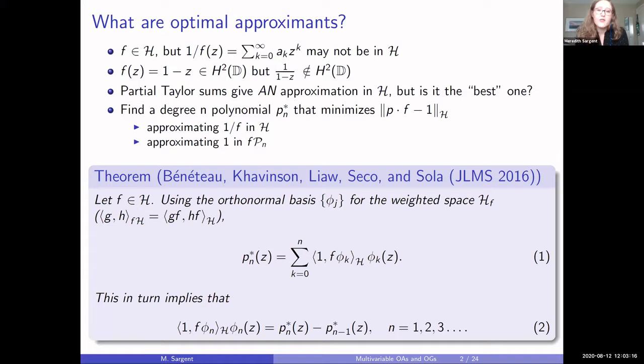And it turns out that if you have an orthonormal basis for a weighted space, where you just change the inner product, you can recreate the optimal approximant by using that orthonormal basis. And similarly, if you just take the difference of consecutive optimal approximants, you'll be able to get orthogonal polynomials, weighted by some constant that you can figure out.